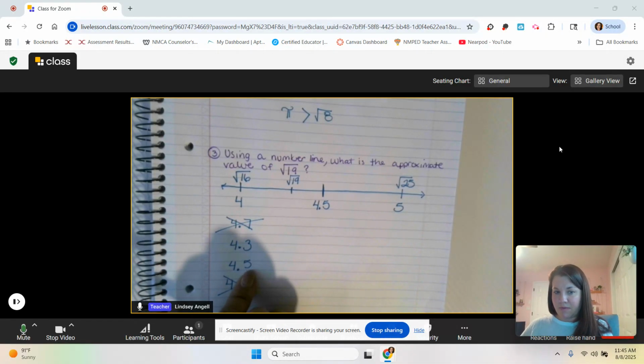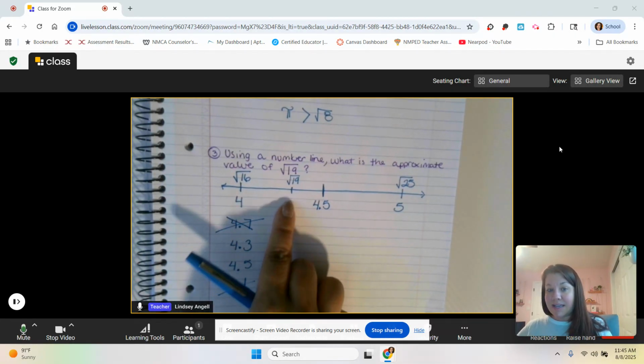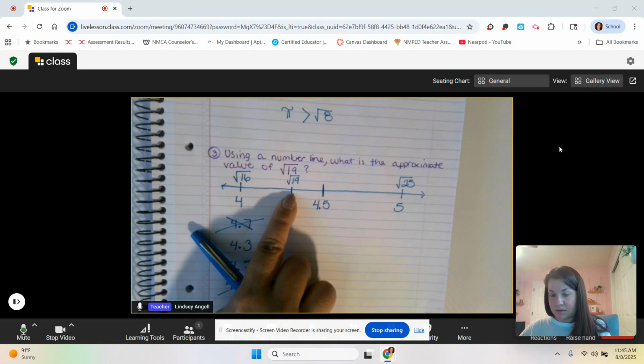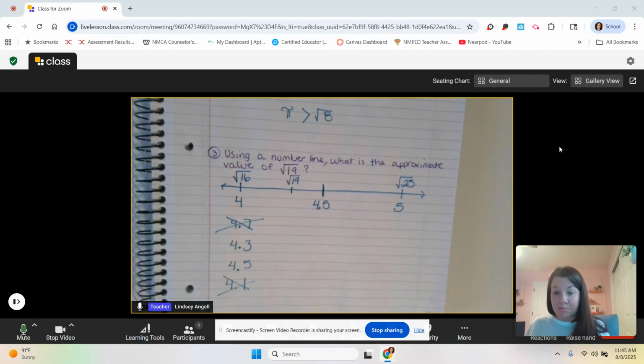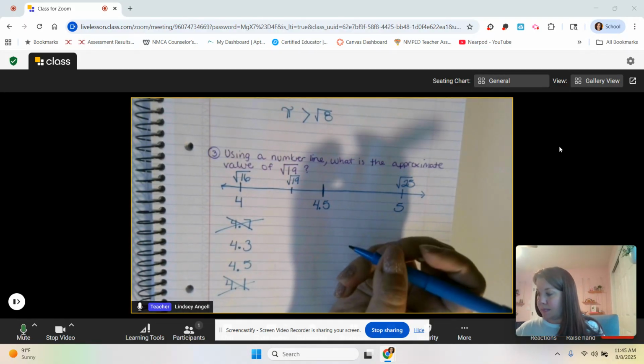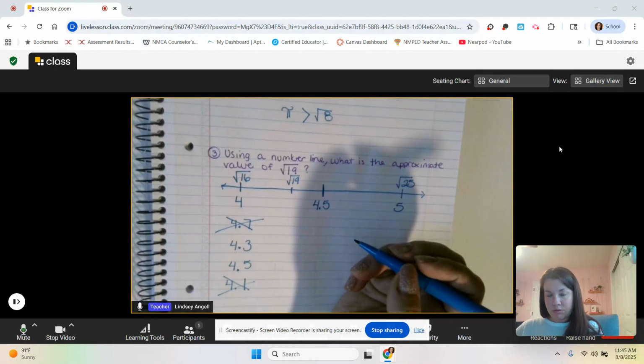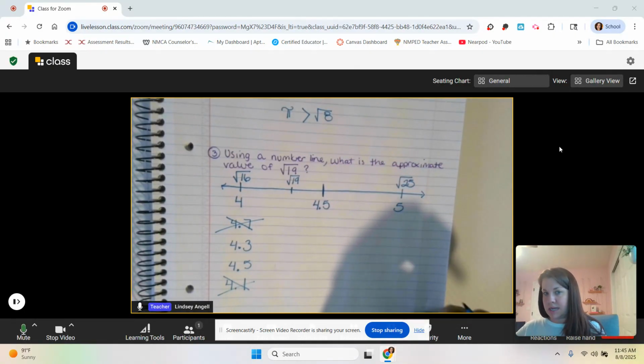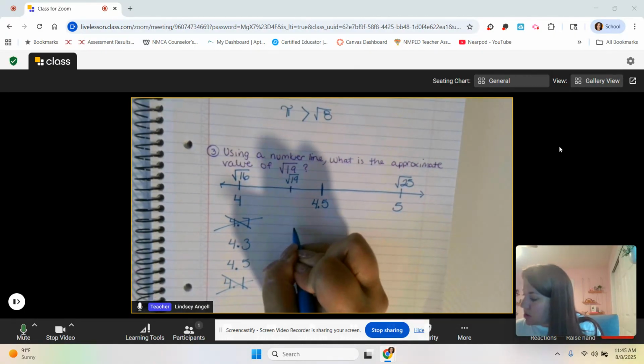And then do 4.5 times 4.5 and see which one of those answers is closest to 19. All right, so it's going to take a second, but we want to get that accurate answer, not only because it's worth credit on our quick check, but because it's the best practice for us as well in understanding the number values. So I'm going to go ahead and do that now.